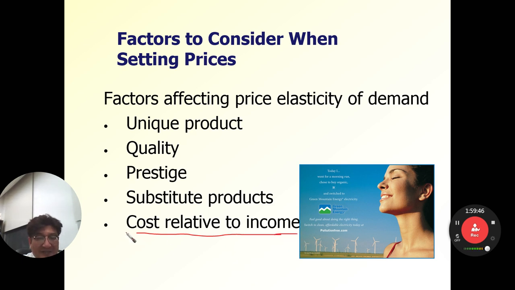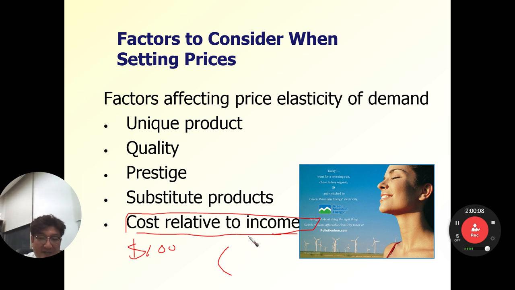This one actually tells you a couple of things, which means that rich people are price inelastic. For example, a certain product is $100, and there are two types of customers.